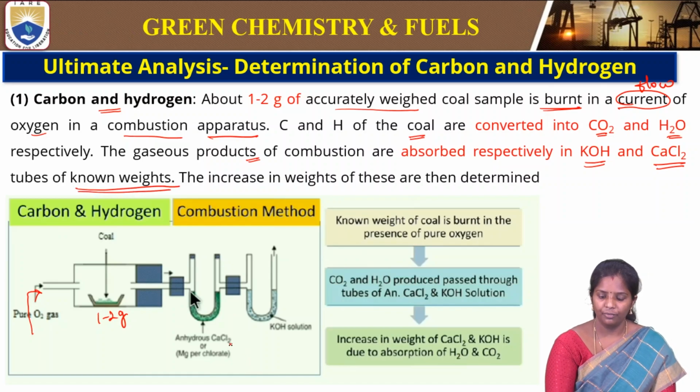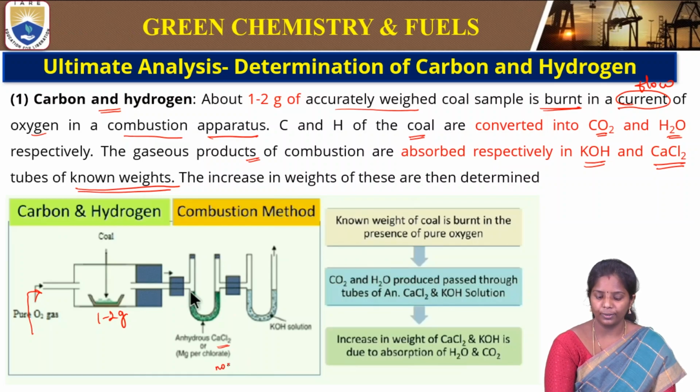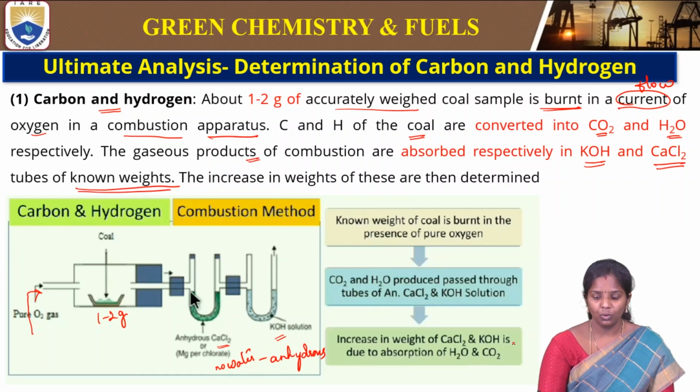For example, here we are taking anhydrous calcium chloride. Be careful that the calcium chloride should be anhydrous. It means no water. So we have to dry it before we take it into the tube, and also KOH solution in another tube. Then what happens?